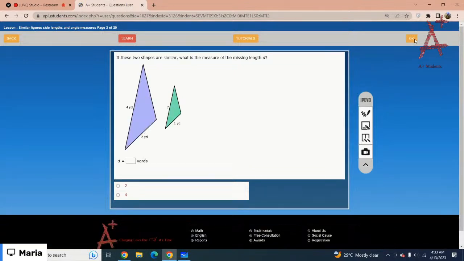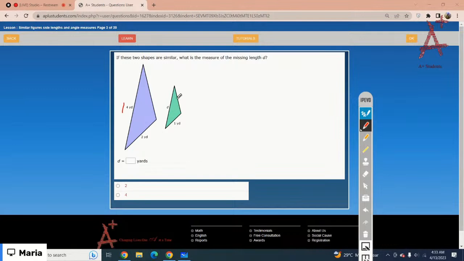Okay, again, if the two shapes are similar, what is the measure of the missing side length? So just form a proportion between the similar sides. It would be 4 over d equals 2 over 1. Just solve the equation for d.